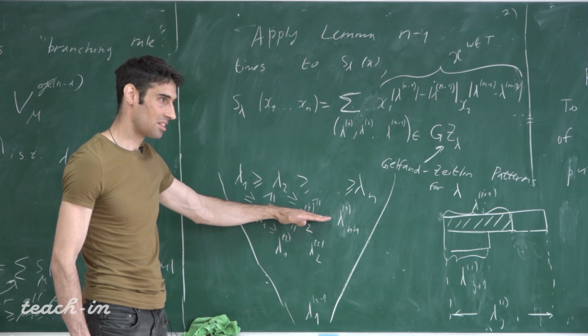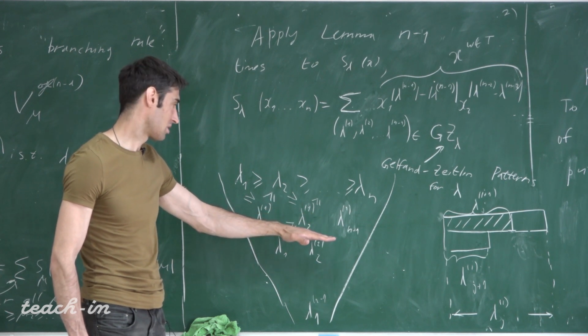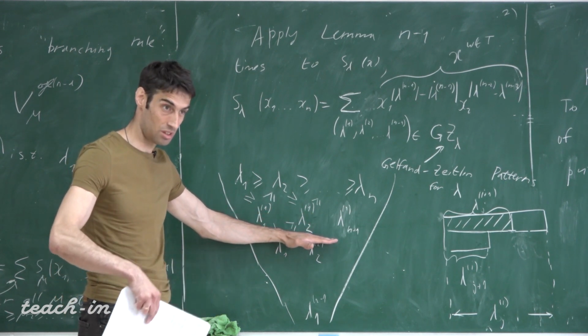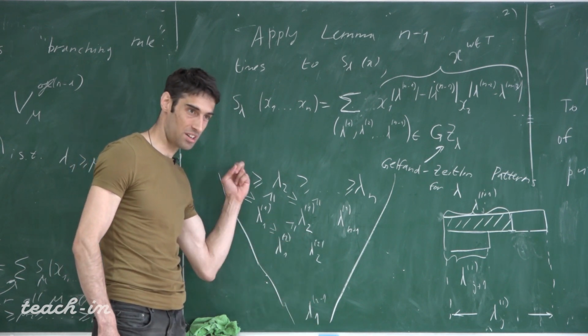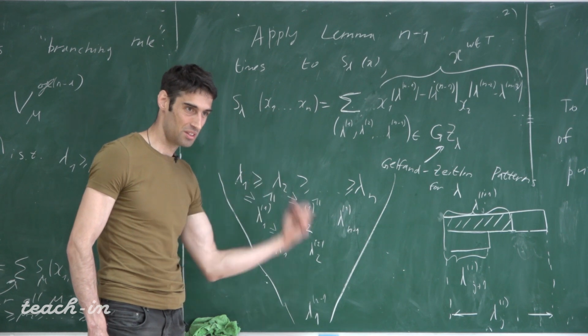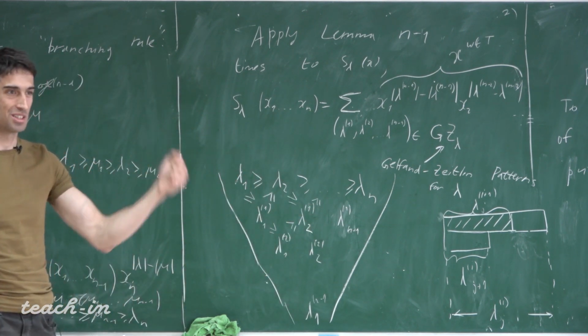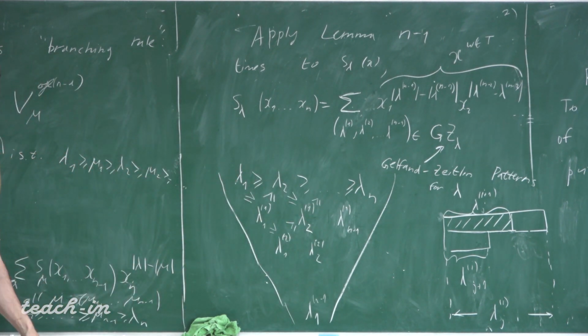But then inside it sits also in some copy of a representation of GLN minus 2 and so on. Then you will be specified if you go to the bottom. And so this labels each weight vector. It gives you a good basis in your representation of highest weight lambda for GLN.